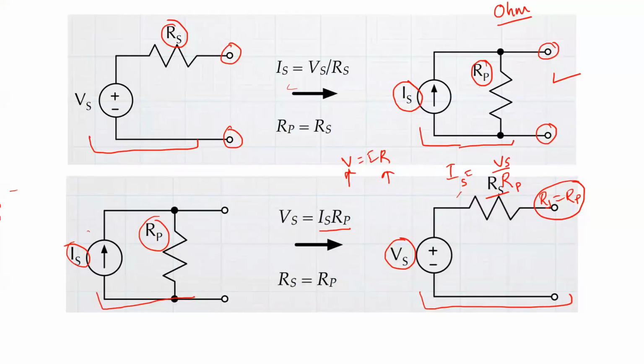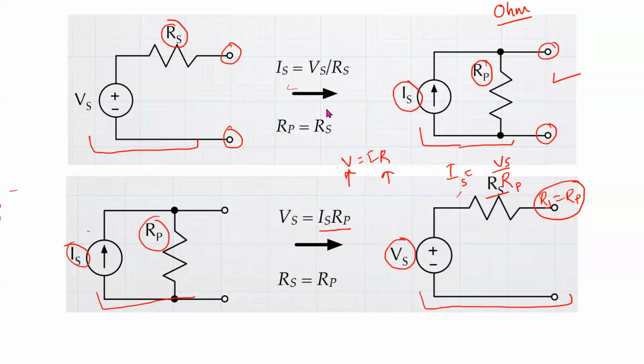Have you understood? It is a simple concept. A voltage source in series with resistance can be converted into a current source in parallel with the resistance. Also, a current source in parallel with the resistance can be converted into a voltage source in series with the resistance.